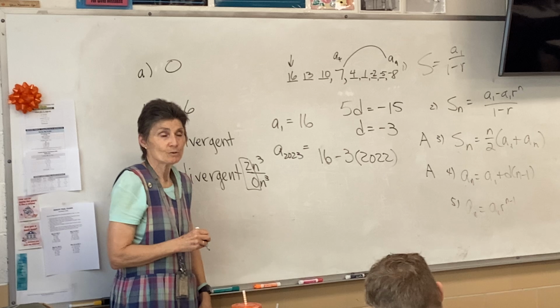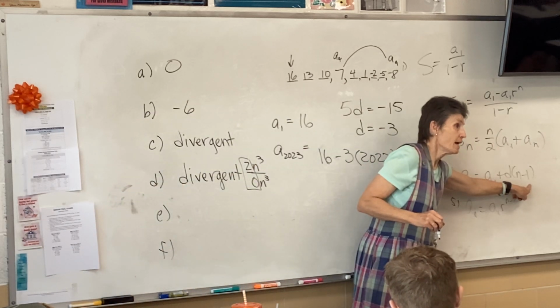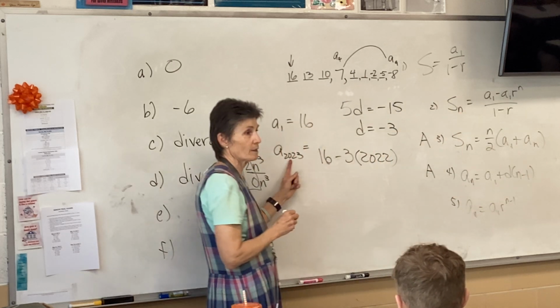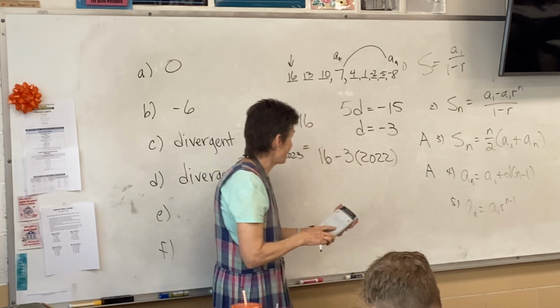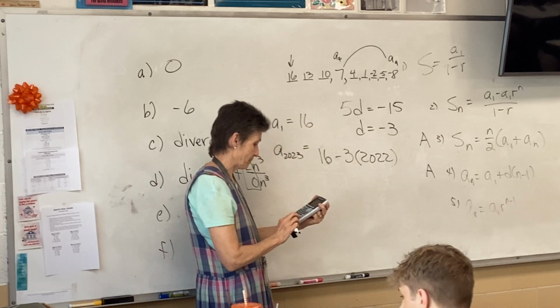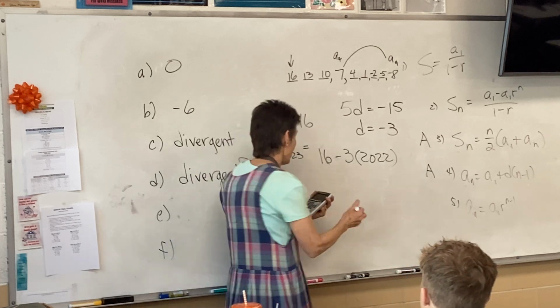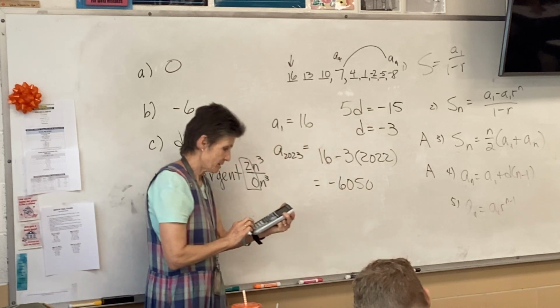Why is it 2022? Because the formula says n minus 1, and what's n? 2023. Type it in on my calculator. And I got negative 6,050 as my answer.